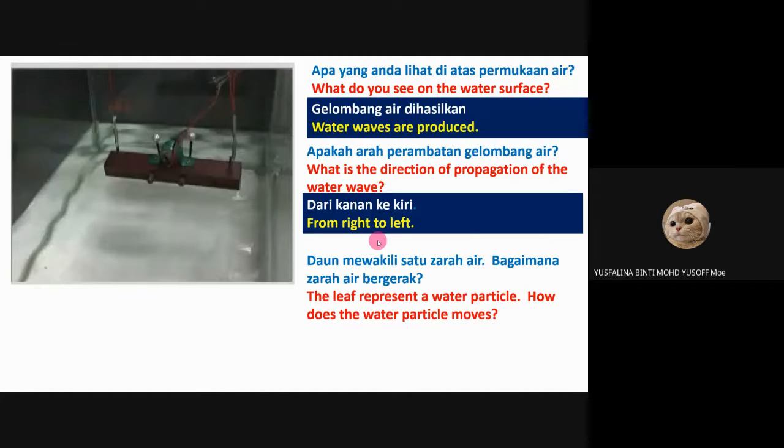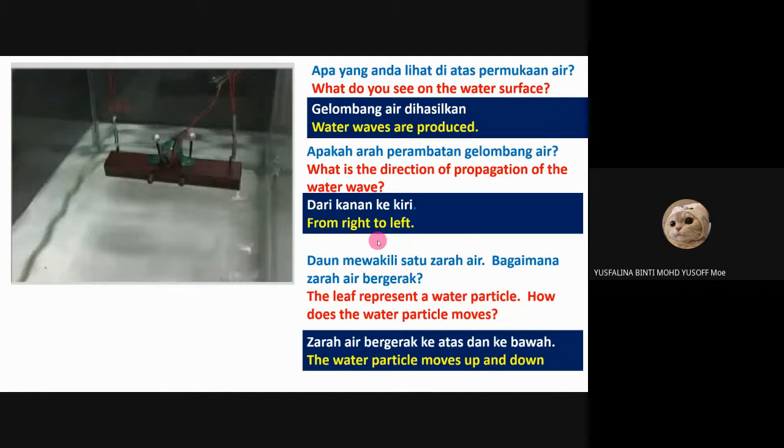How does the water particle move? It will move up and down only. It doesn't move along with the direction of propagation of the wave. It just stays there and only moves up and down. Only the water transfers the energy to another molecule.